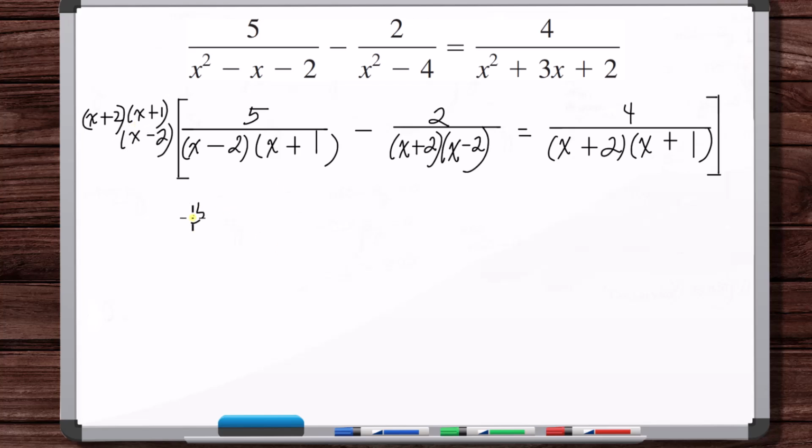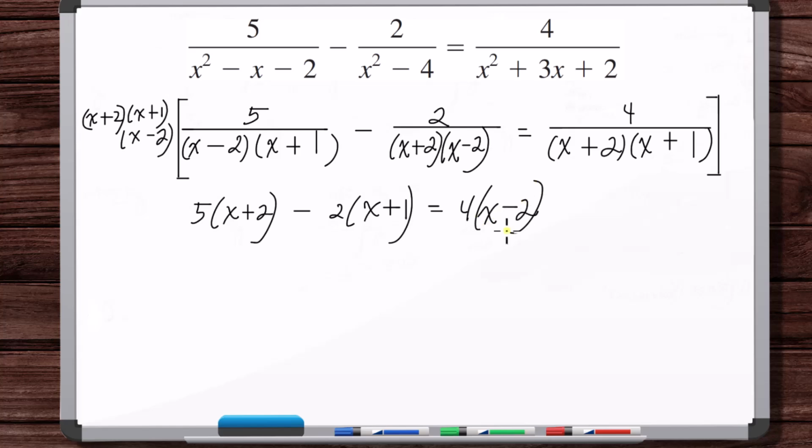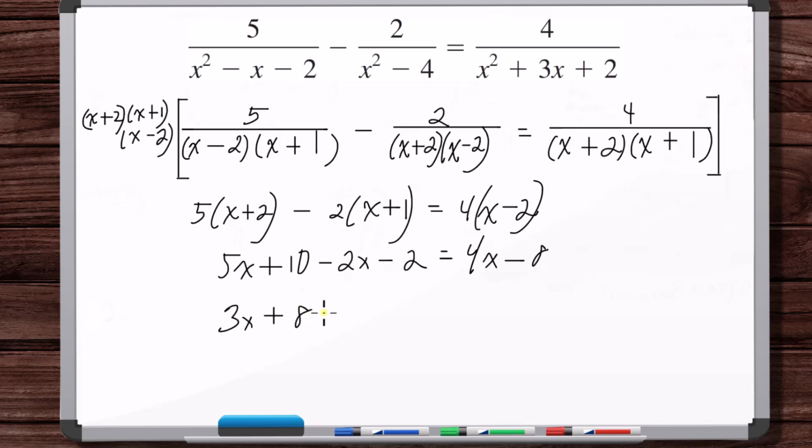So we've got 5 times x plus 2 minus 2 times x plus 1 is equal to 4 times x minus 2. So, okay, 5x plus 10 minus 2x minus 2 is equal to 4x minus 8. Okay, 3x plus 8 is equal to 4x minus 8.